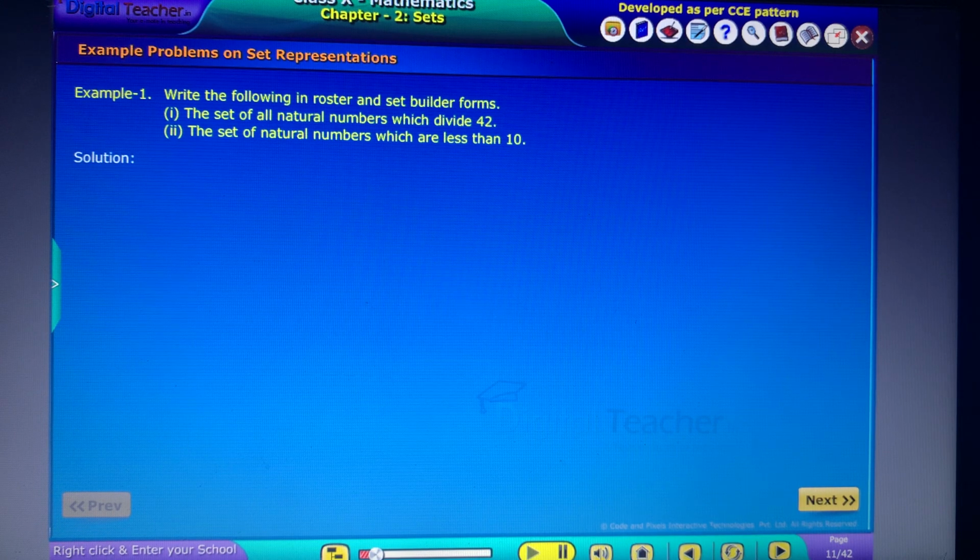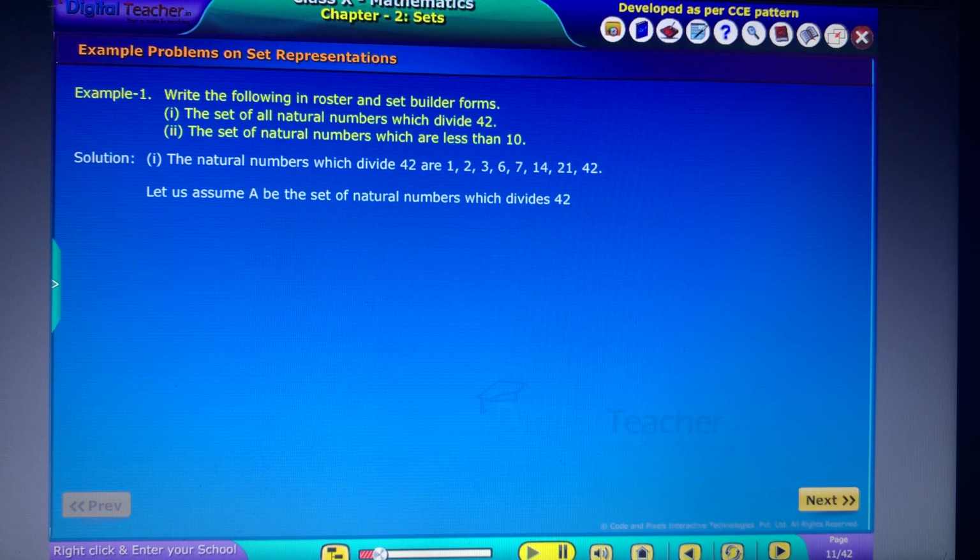Solution. The natural numbers which divide 42 are as shown. Let us assume A be the set of natural numbers which divide 42. Therefore, in roster form, we can write as shown. And also in set builder, we can write as shown.